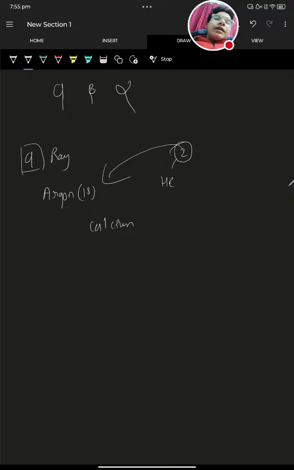Now there is beta ray. These rays consist of negative charge electrons and have -1 charge and zero mass. They increase the proton by 1. Neutron mass remains the same.